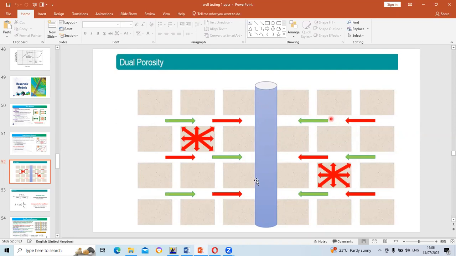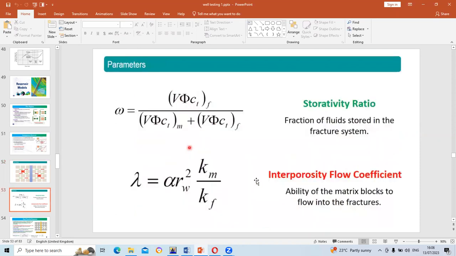There are basically two parameters that can be used to characterize dual porosity. We have what we call the storativity. That's the storage capacity of the fracture divided by the sum of the storage capacity of the matrix and the fracture, and the storage capacity is the volume times the porosity times the compressibility.